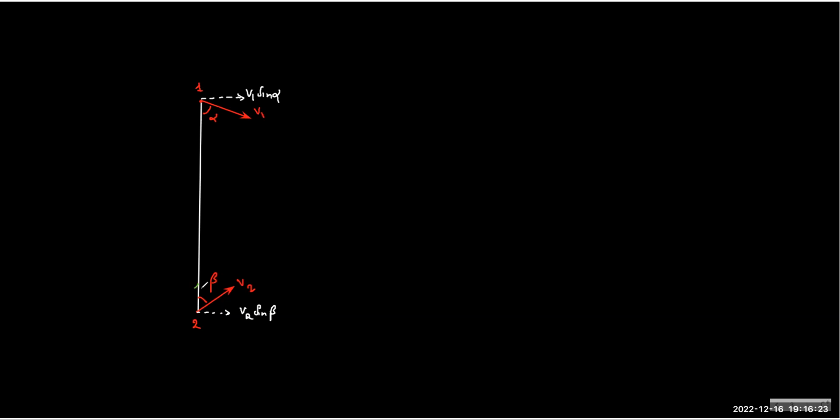So the along component will be V2 cos beta. And now you have realized that V approach is going to be V1 cos alpha plus V2 cos beta, isn't it? I think this part is clear to all of you.